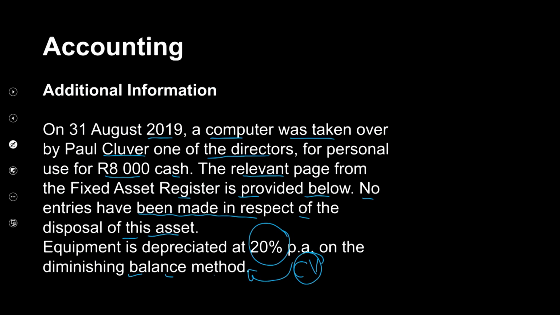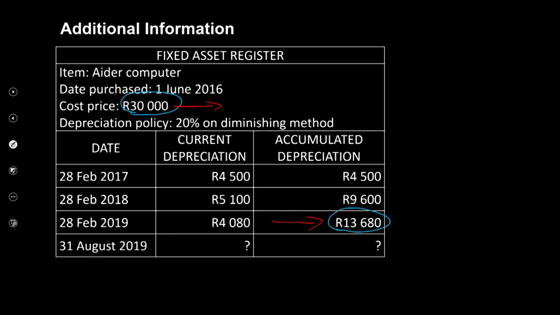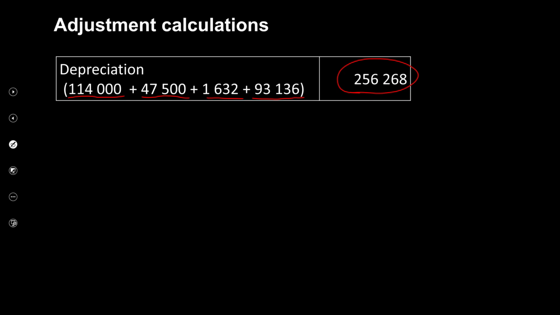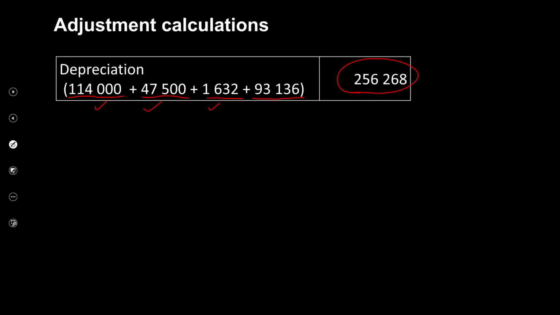Let's identify those amounts. 114,000 was the old vehicle's depreciation. The new vehicle's was 47.5. Remember, on your sold equipment, namely the computer, it was 1,632, and then we also worked out the depreciation on the old equipment, the 93,136. My total depreciation was 256,268.